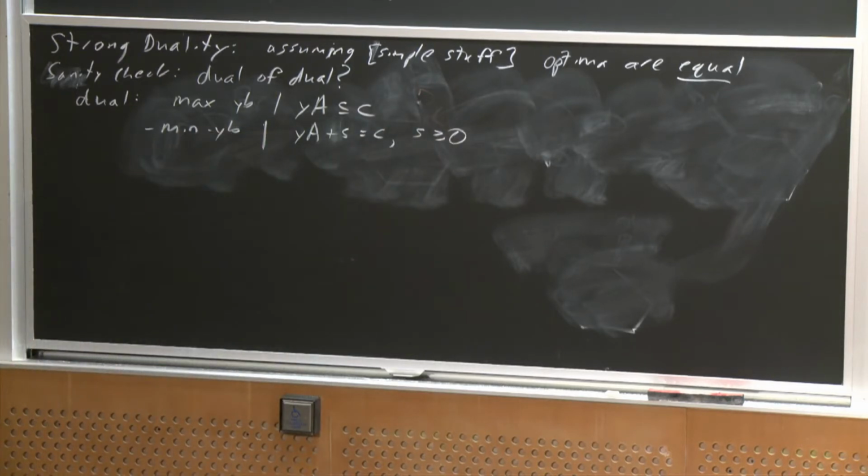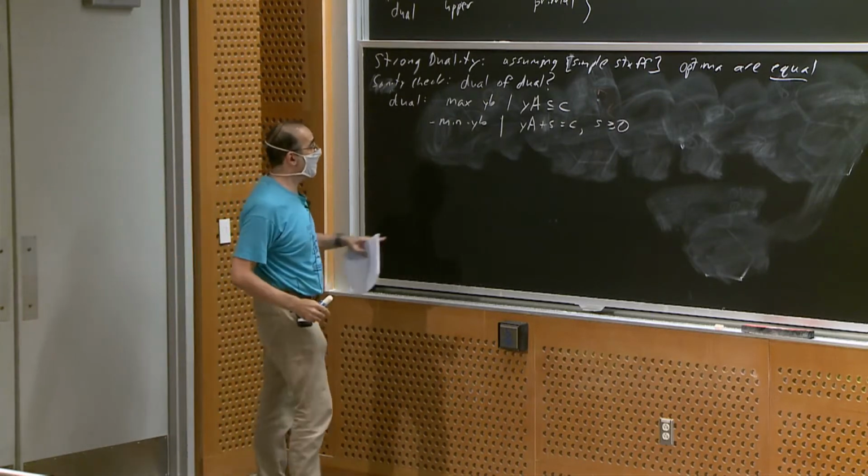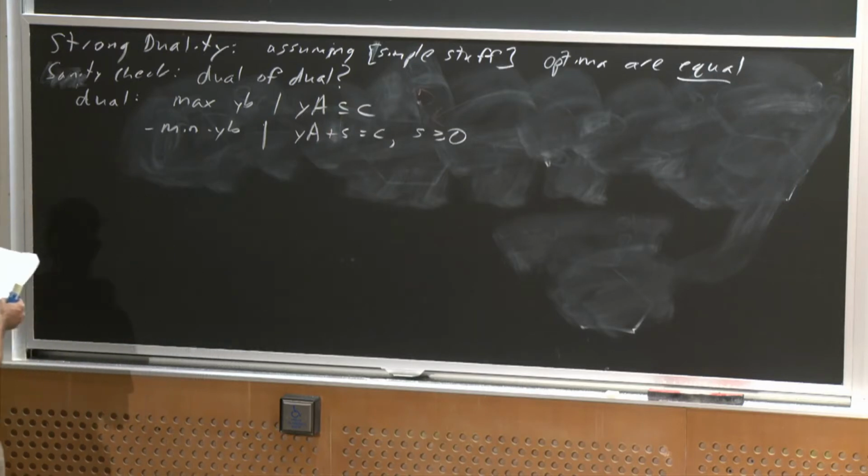This is way back when we were introducing linear programs in the video. They showed how to transform something into a standard form. So we added these positive slack variables to replace the less than or equal constraints with equality constraints.